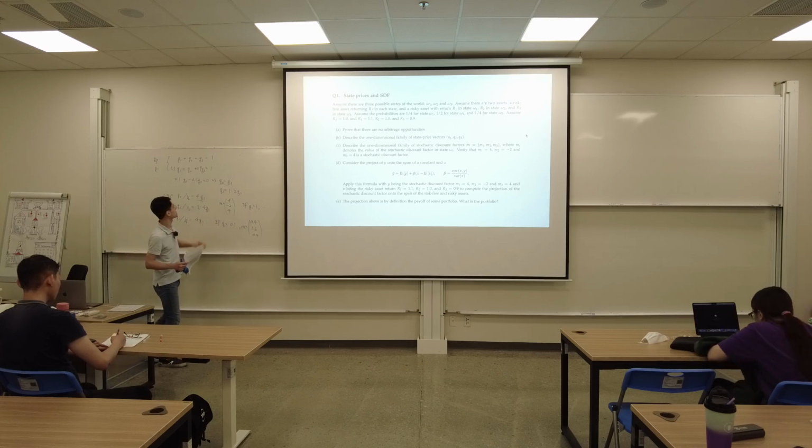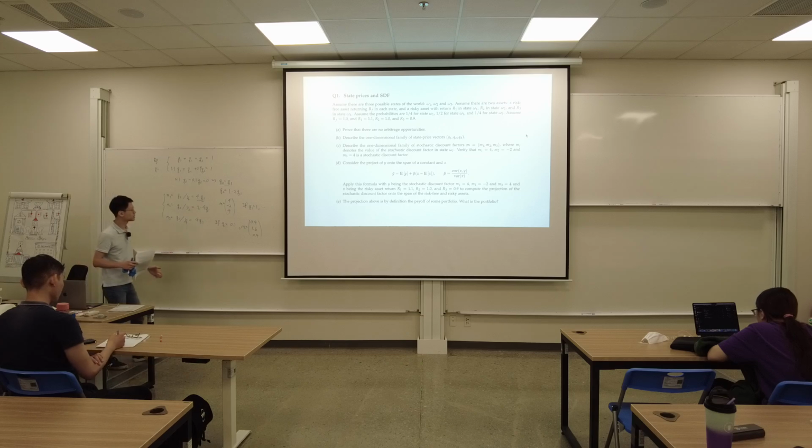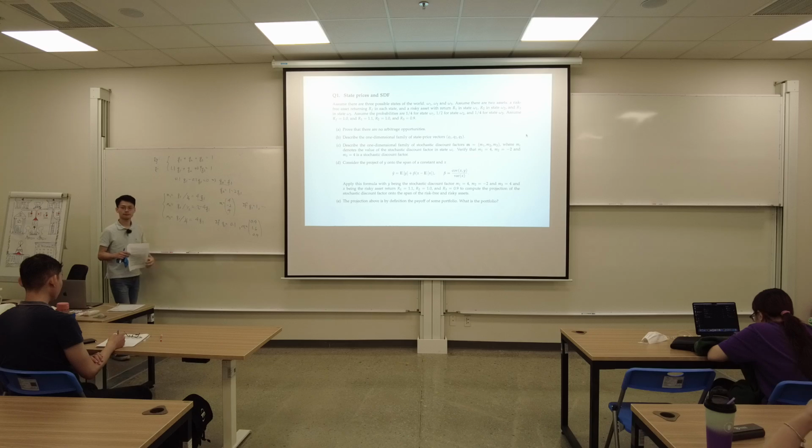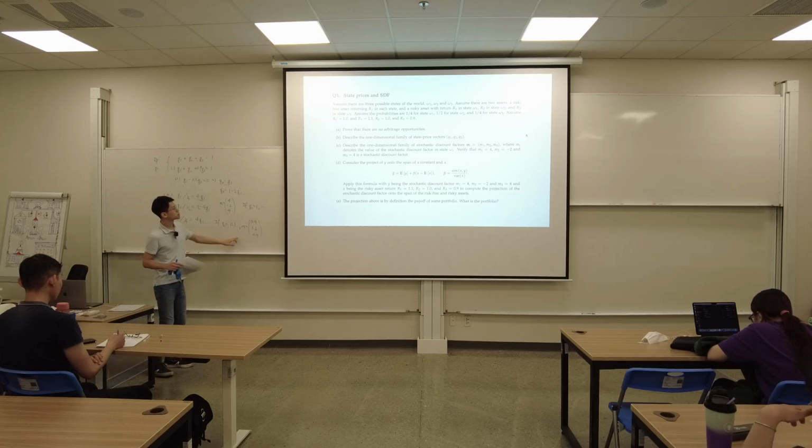It does not mean that there is an opportunity of arbitrage. That particular SDF can be negative, but there exists some other SDF that is positive. So this is part C.